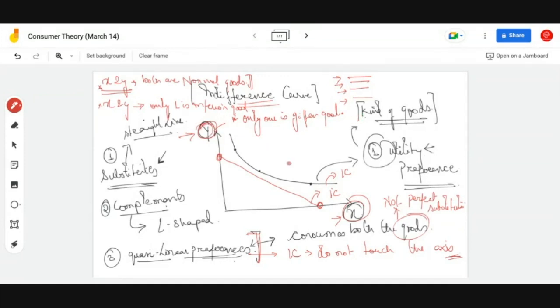Now, can you tell me, can both X and Y be complementary goods? Yes, in the case of L-shaped indifference curves, both X and Y are complementary goods. So again, one option that I can add is both X and Y are complementary goods.